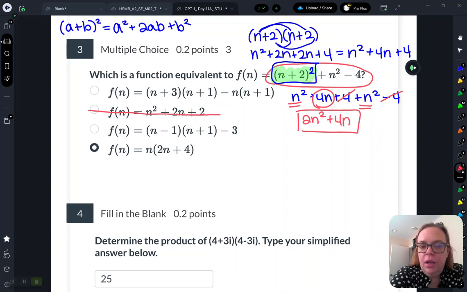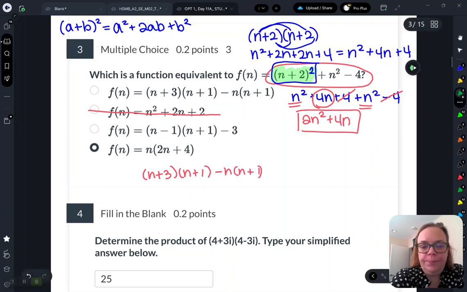The top one, (n plus 3)(n plus 1) minus n(n plus 1). We can multiply these together and then distribute this negative n over here.